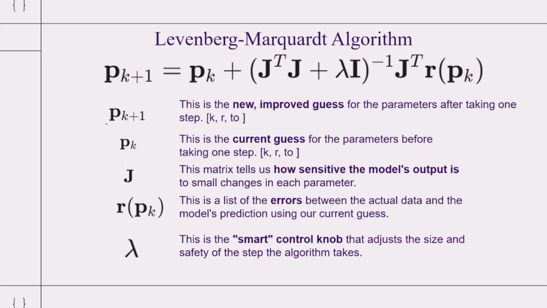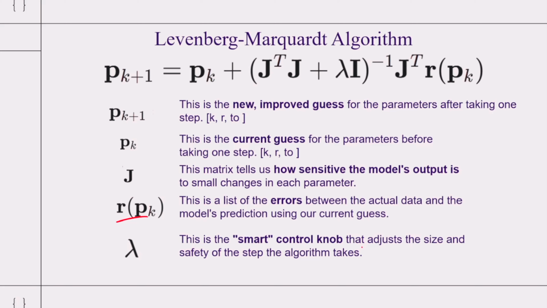What is P here? P is just a list of parameters we are trying to find: K, R, and T naught. J is the Jacobian matrix. R is the residuals. This is the error, or the difference between our model's prediction and the real data for each day.